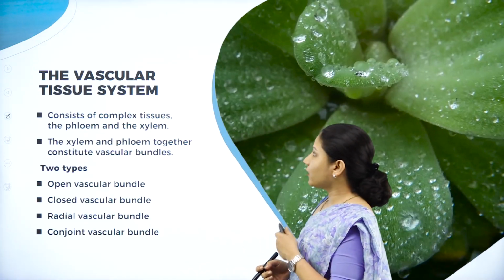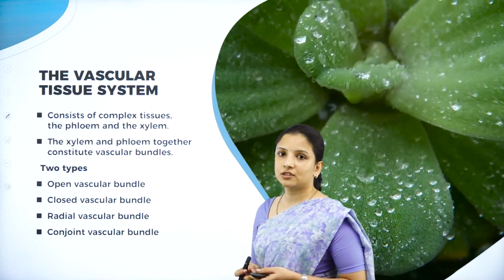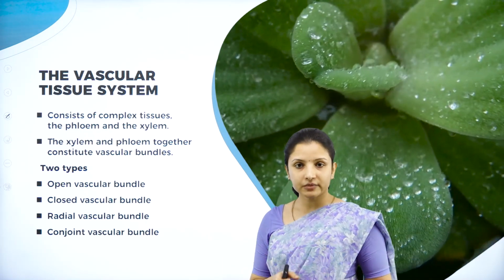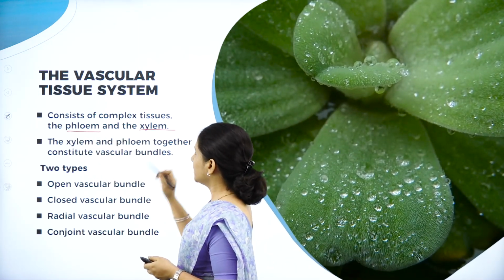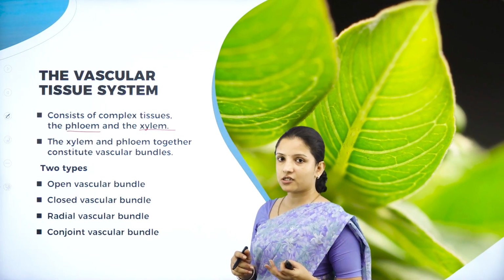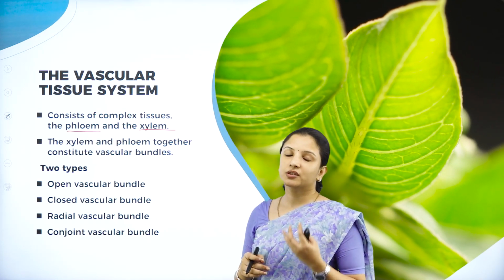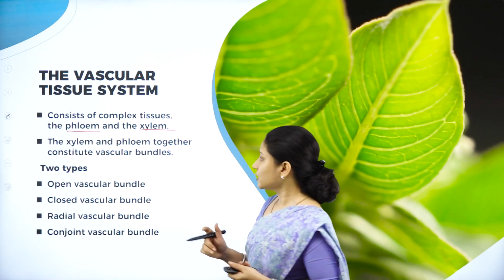So next, moving on to the vascular tissue system. The vascular tissue system consists of complex permanent tissues, which are nothing but the phloem and the xylem. So the xylem and the phloem together constitute the vascular tissue, wherein the xylem helps in the conduction of water and the phloem helps in the conduction of food.